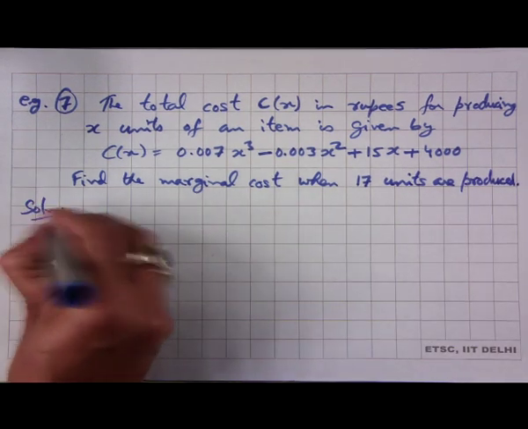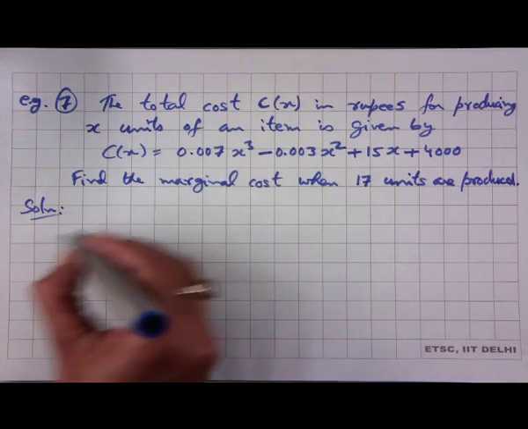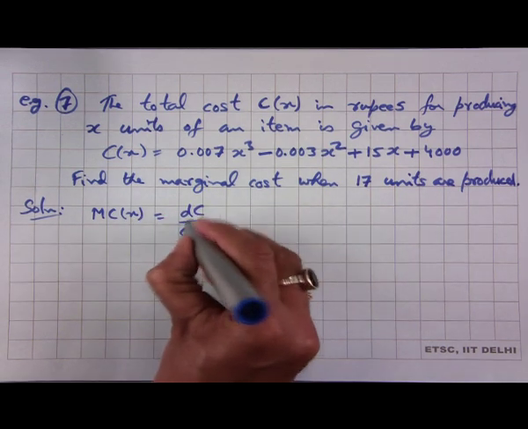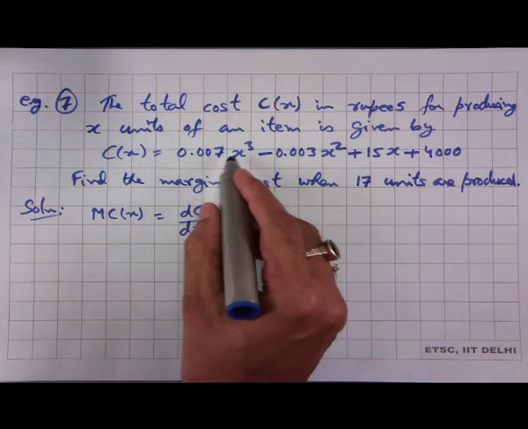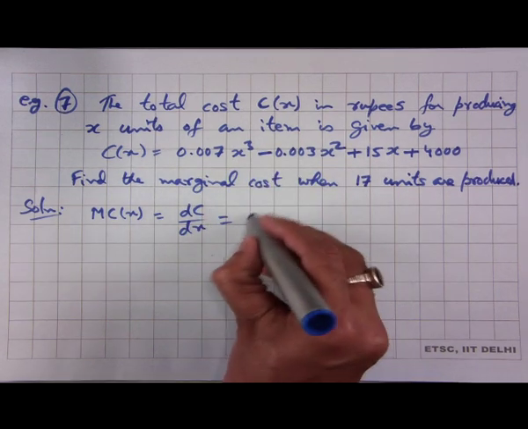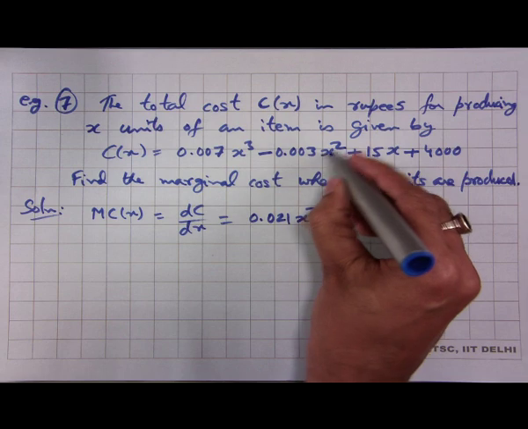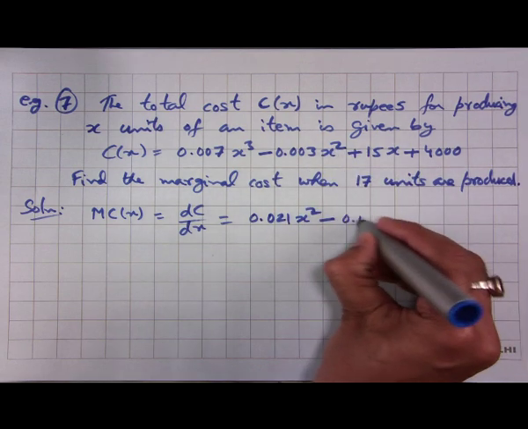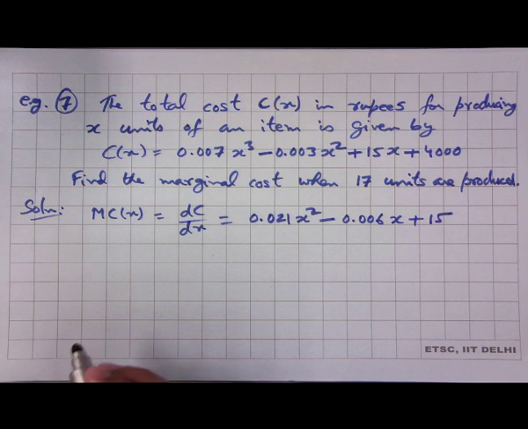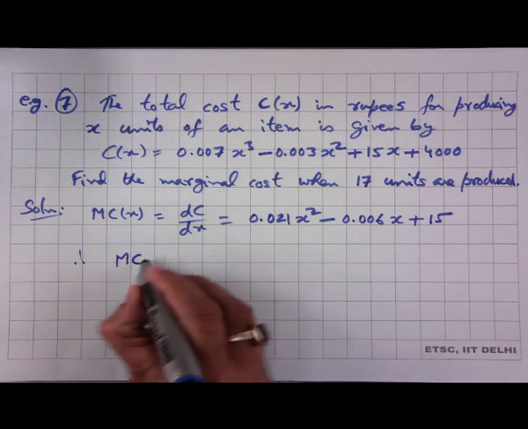So, all we have to do is take the derivative of this cost function with respect to x. So, marginal cost at x is dC/dx, which is equal to, you take the derivative of this. So, x cube will give 3 x square, this is 0.021 x square minus derivative of x square is 2 x, so 0.006 x plus 15. So, when x is 17, we need to calculate the marginal cost.